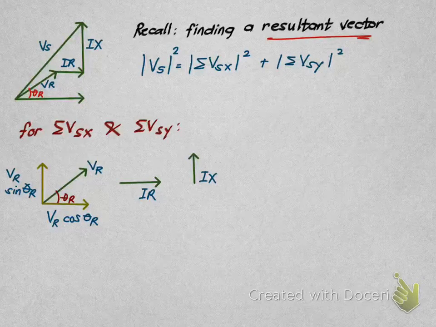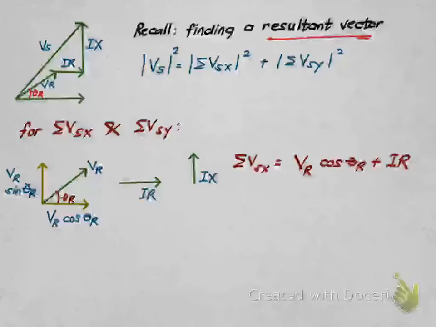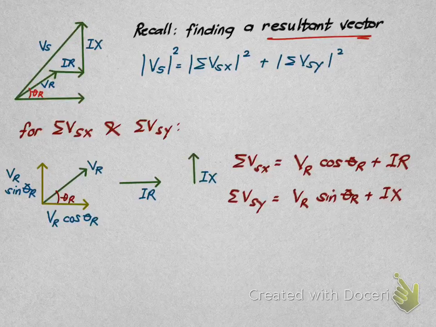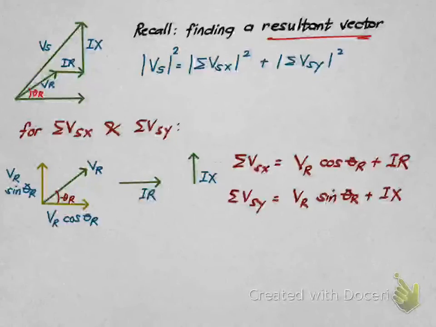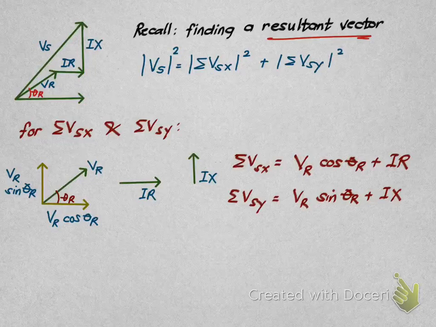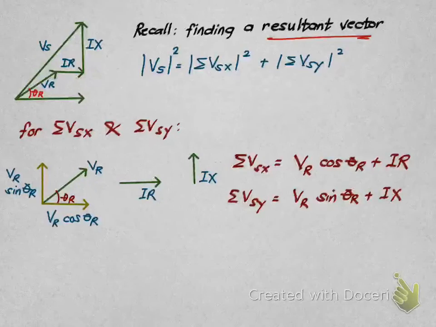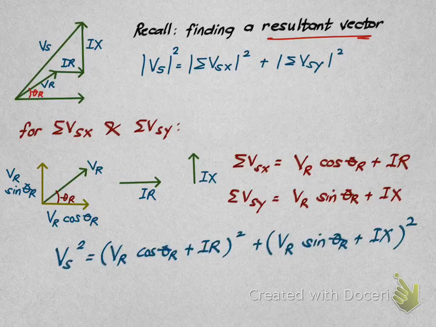Given all that, the summation of Vsx is VR cosine theta r plus IR. For the summation of Vsy, it's VR sine theta r plus IX. Given those summations, we now have Vs squared.